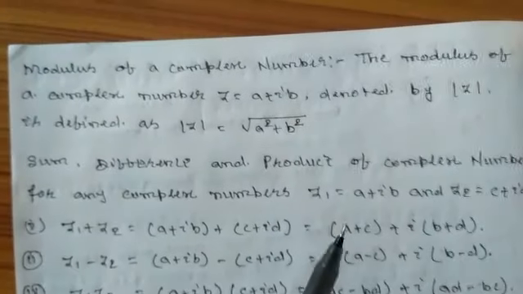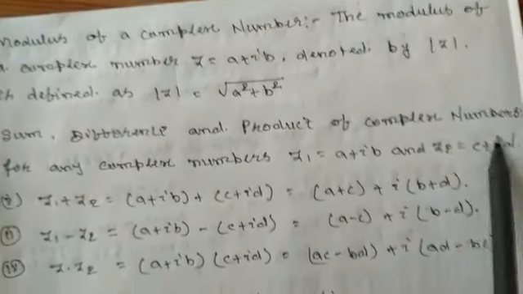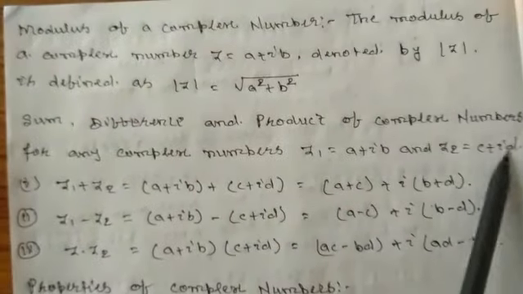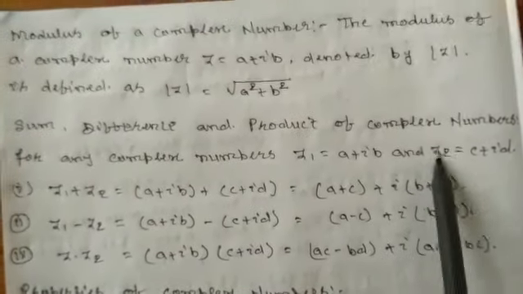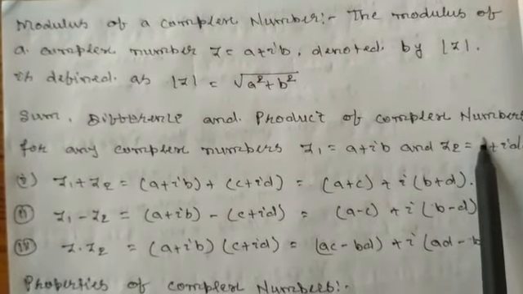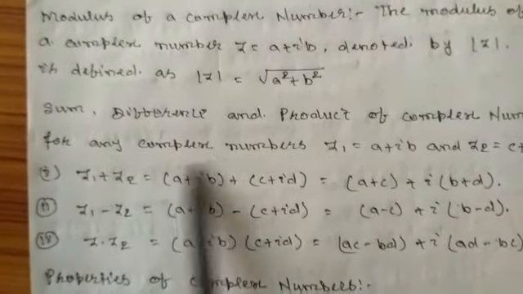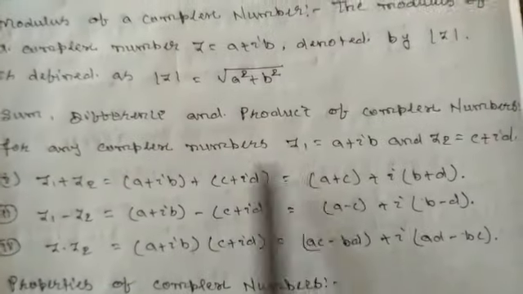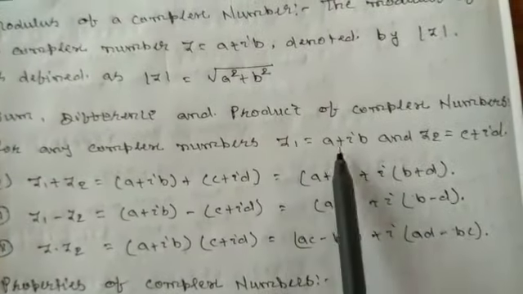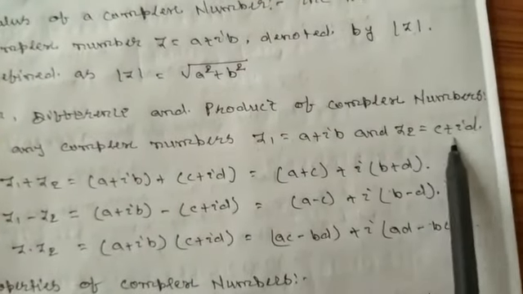Now let's see the sum, difference and product of complex numbers. How can we obtain the sum, the difference and the product of two complex numbers? Take z1 equals a plus ib and z2 equals c plus id.